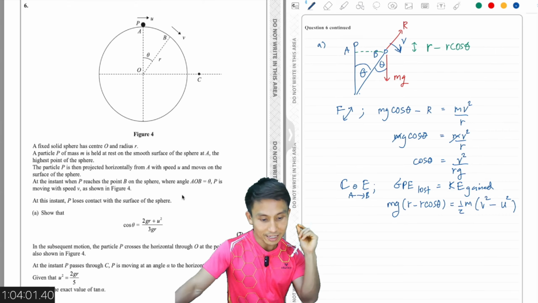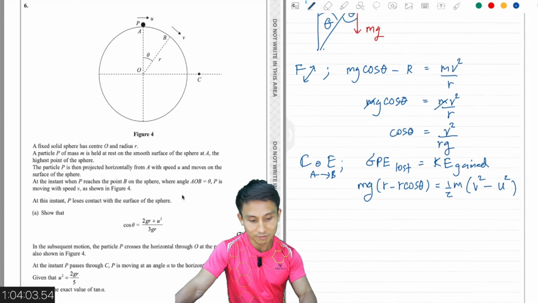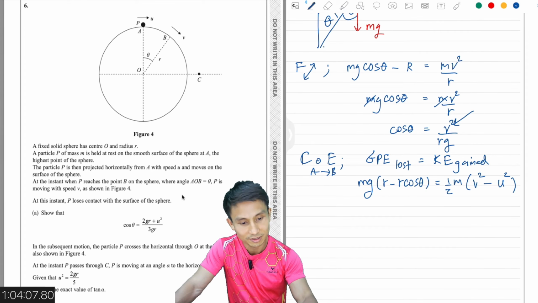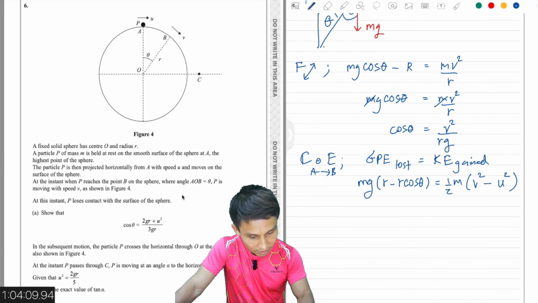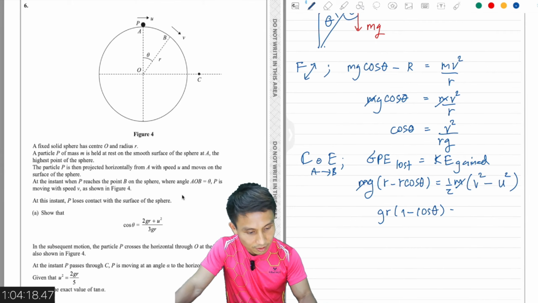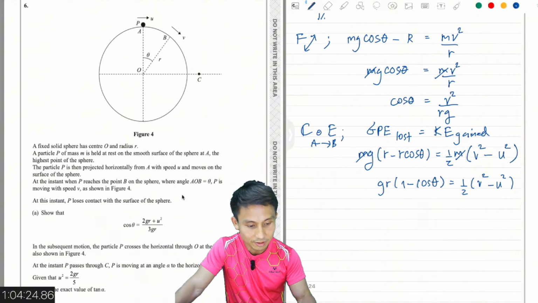So I need to make v squared the subject to get the expression of v squared so that I can sub here, right? Yeah. So m cancels, all right? So we get r. So this is gr(1 − cos theta) equals half (v squared minus u squared).